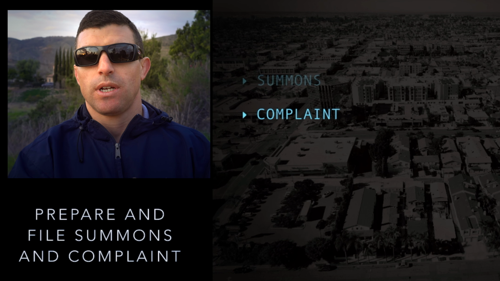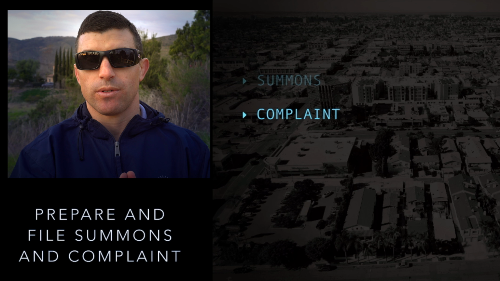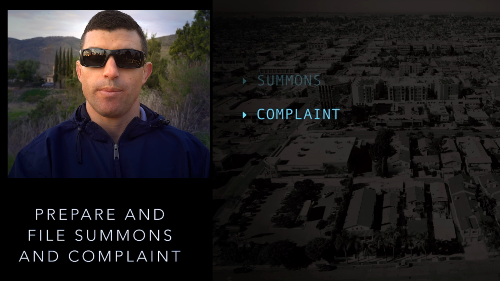Fee waivers. If the plaintiff or defendant cannot afford a filing fee associated with the unlawful detainer, then either party can request a fee waiver. You may qualify for a fee waiver through one of the three following methods.